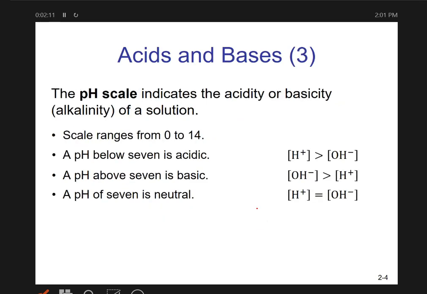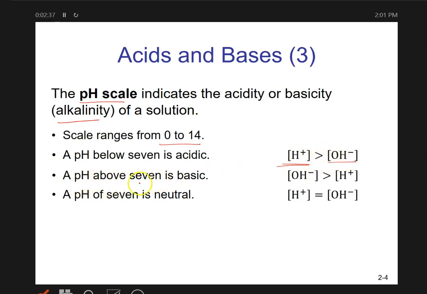Alright, now how do you measure the acidity or the basicity? Another word is alkalinity of a solution. We use the pH scale. Here the scale goes all the way from 0 to 14. If the pH is below 7, then it's acidic, meaning the hydrogen ions are way higher than the hydroxide ions.